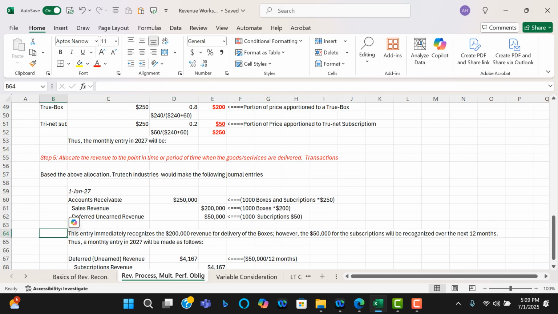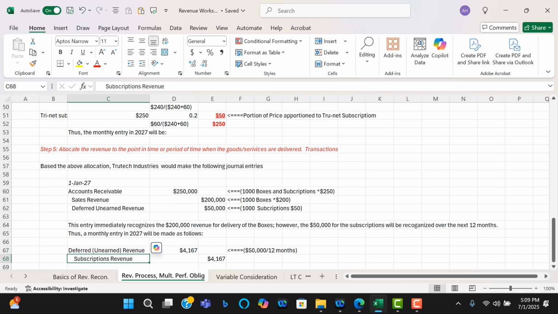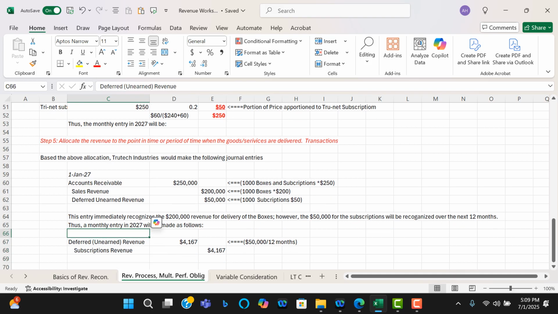Thus, you have to make a monthly adjusting entry, like most companies actually do, closing books on a monthly basis. But what you're going to do is every month you're going to debit the deferred revenue account and write down that 50,000, and every month you're going to credit subscription revenue because you will have delivered 1/12 of that $50,000 in revenue that you're owed for the value of the subscriptions, at 4,167.